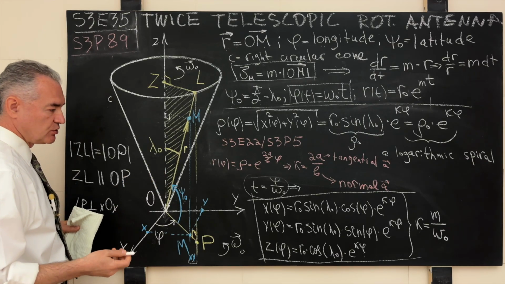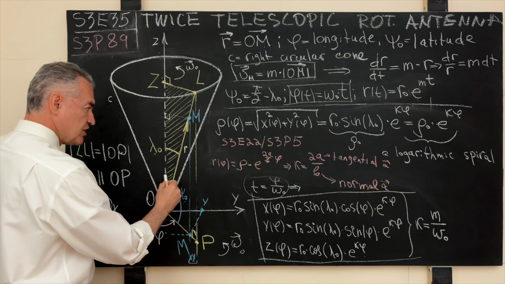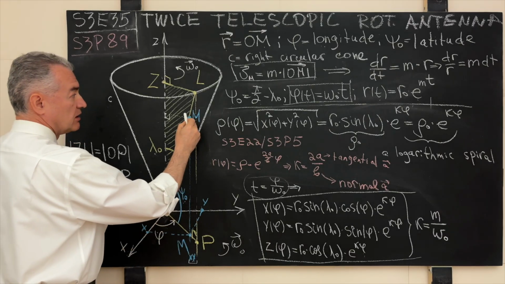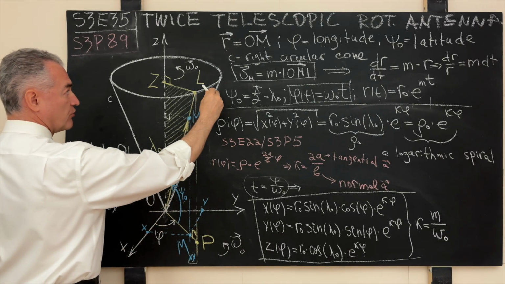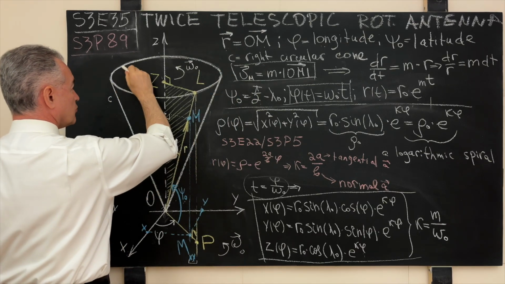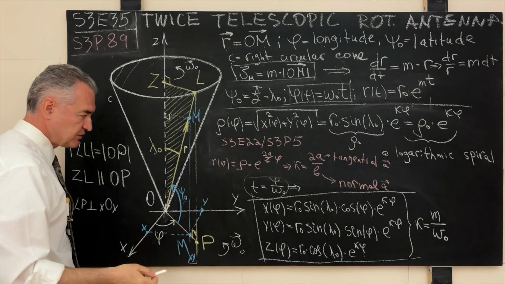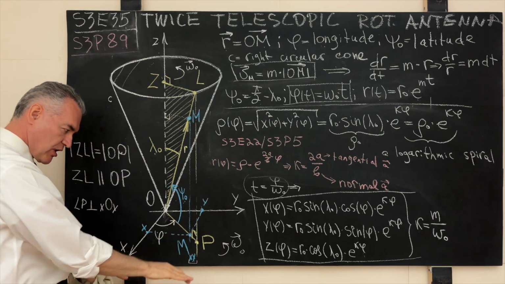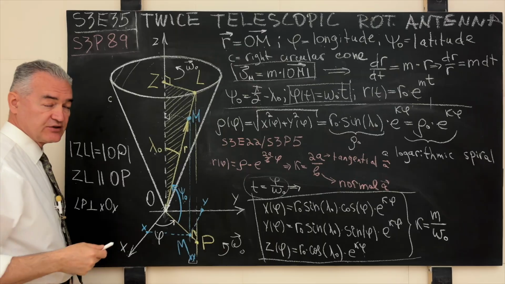Or in some sense, what will happen if we take the trajectory of our point M and project it on the base of the corresponding right circular cone, for example, on this plane shown over here, or in some sense, if we compress it and drop it onto the x, y plane in the traditional form.